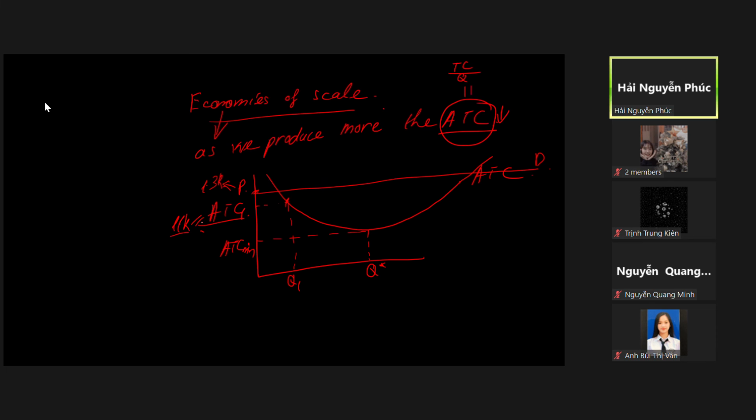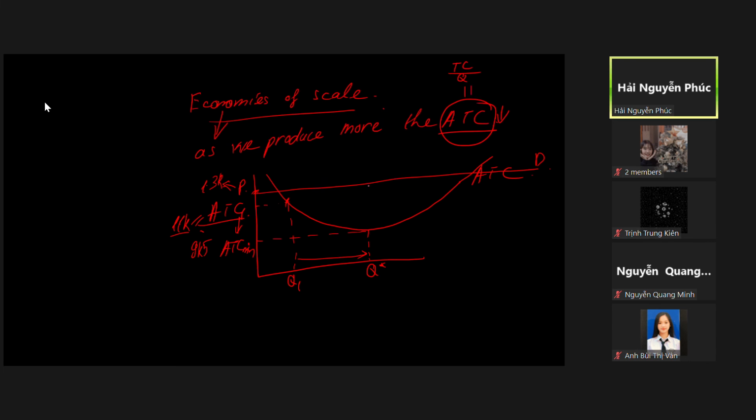Đồng ý là họ có lãi. Nhưng rõ ràng nếu họ gia tăng sản xuất để quy mô lớn hơn, thì họ có thể giảm chi phí trung bình trên một đơn vị, và qua đó giảm ATC xuống còn 9.500 chẳng hạn. Như vậy biên lợi nhuận của họ sẽ tăng lên, và qua đó giúp họ kiếm được lợi nhuận.